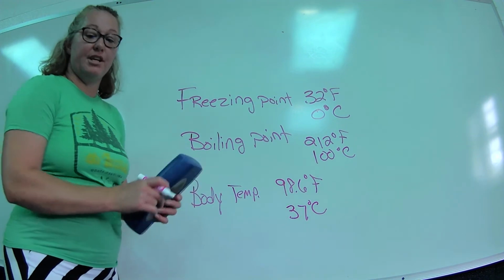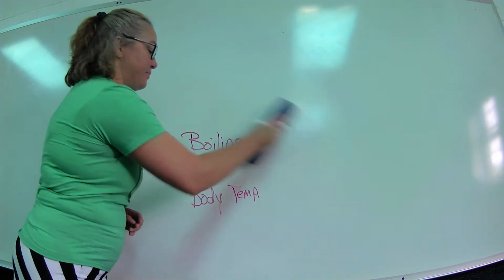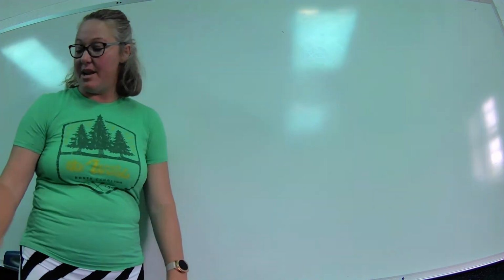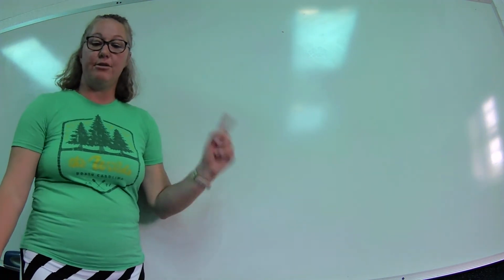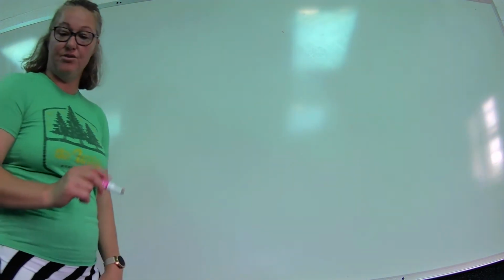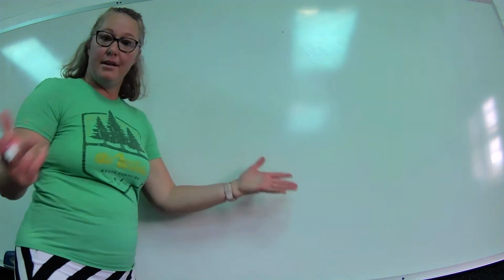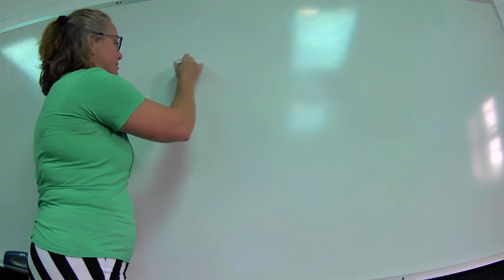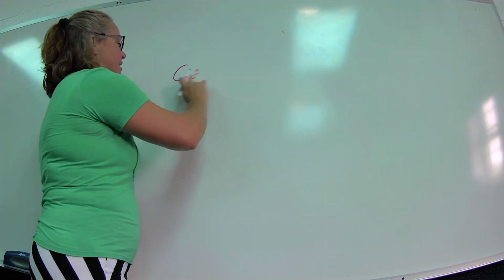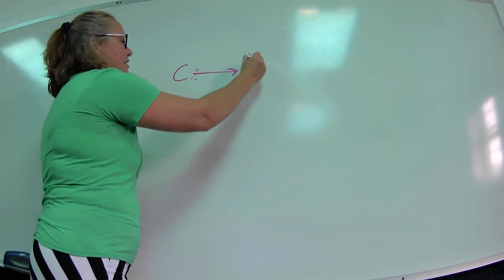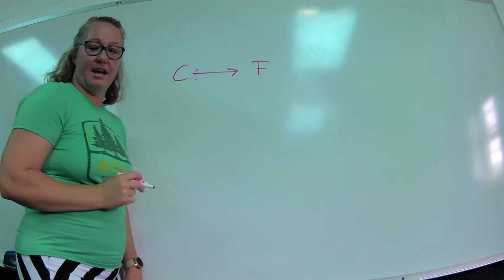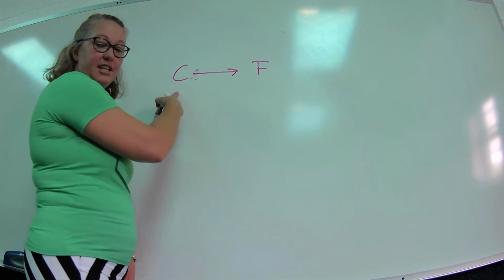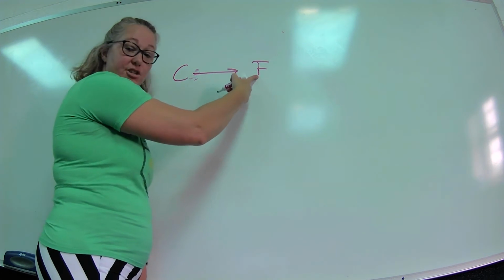Now, I said we're going to convert Celsius to Fahrenheit. Here is where formulas come into play. We must practice using our formulas. So we have a Celsius temperature. We're going Celsius, I'm going to put a C, to Fahrenheit, I'm going to put an F. So we'll have the Celsius temperature, but we're going to change it to Fahrenheit.